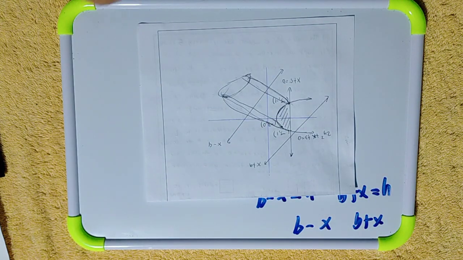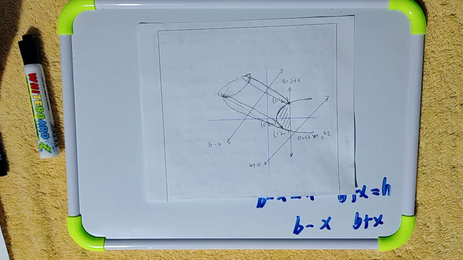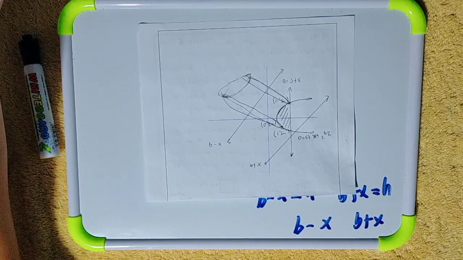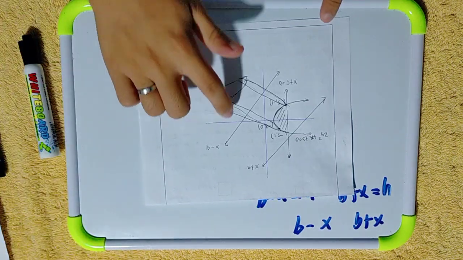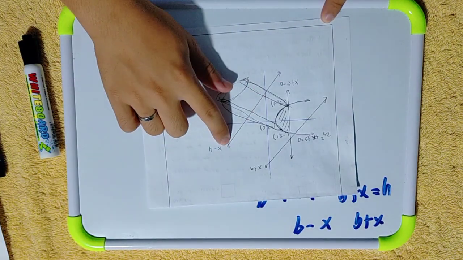Sa una, hindi ko alam kung paano kunin yung volume kapag yung pagro-rotate natin is slant line.